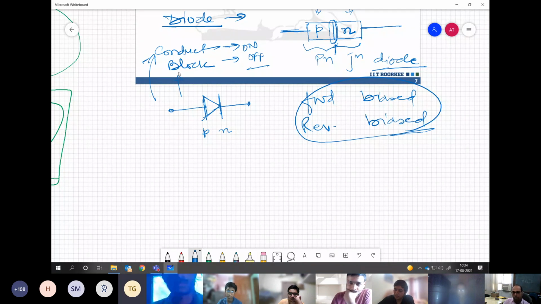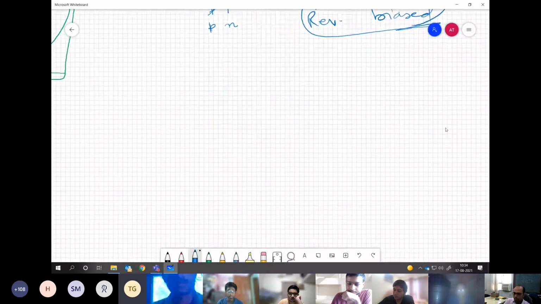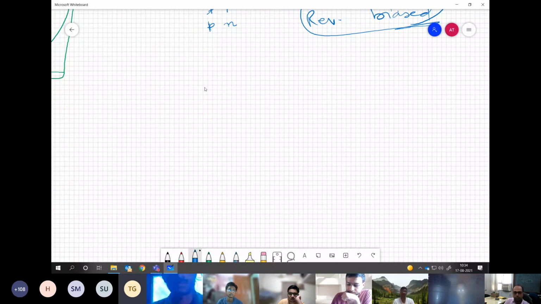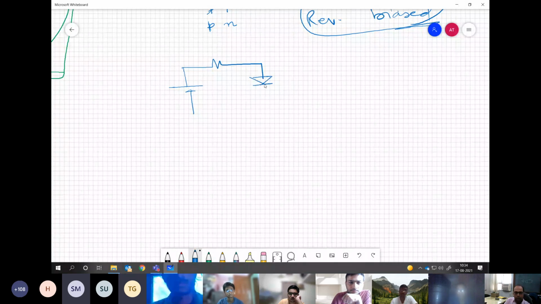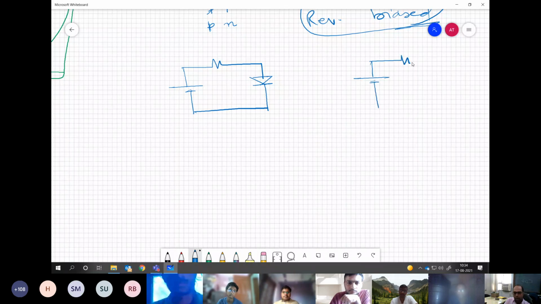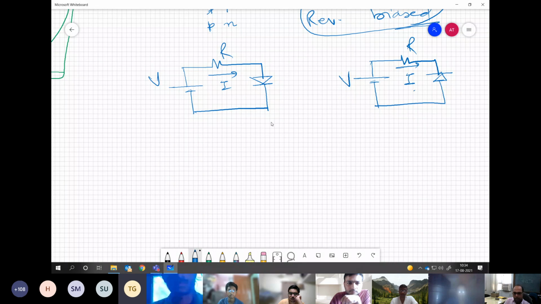So what is the meaning of forward biased? For example, if I have a circuit like this, and in another circuit I connect the diode in the other direction. So this is R, this is V. Can you tell me what the current is in this circuit and in this circuit?